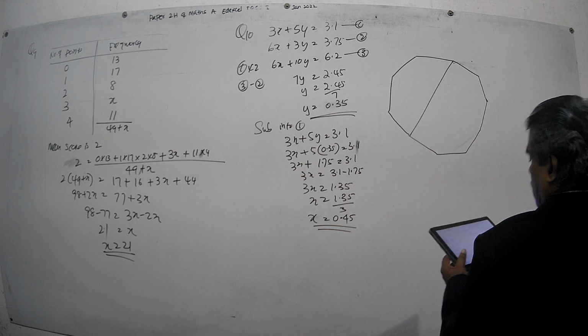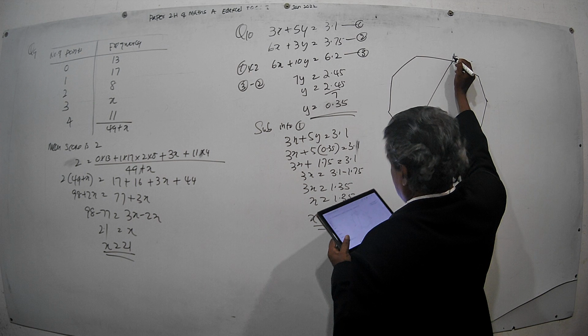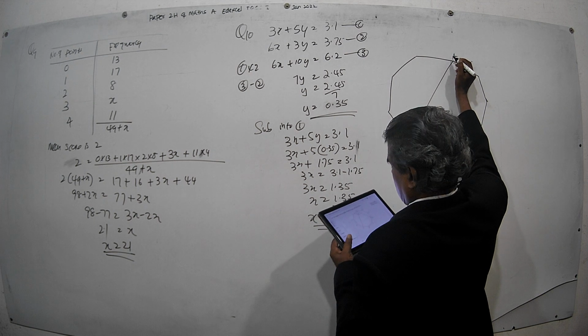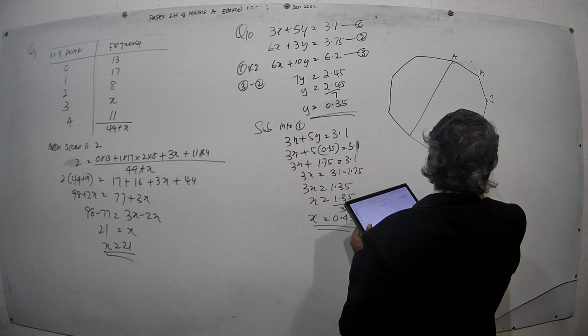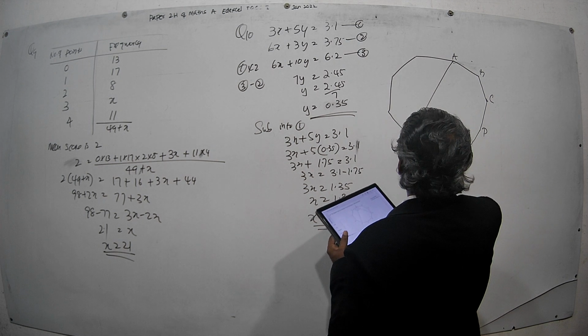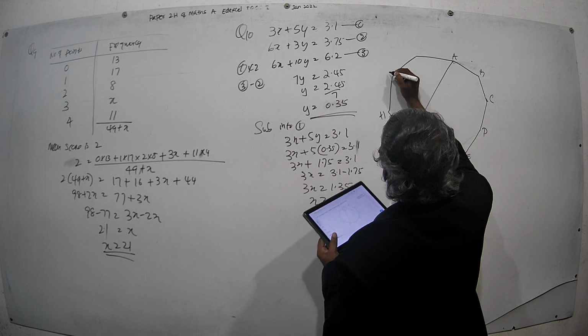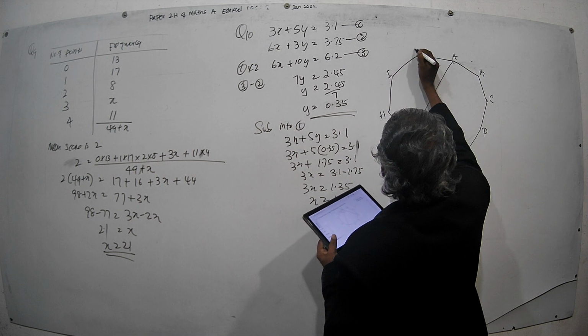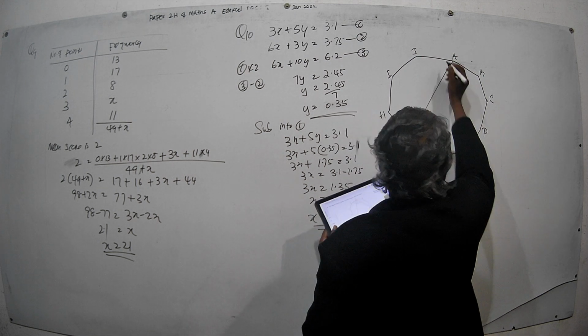Right. Now this is the polygon A, B, C, D, E, F, G, H, I, J. This angle is given to be x.